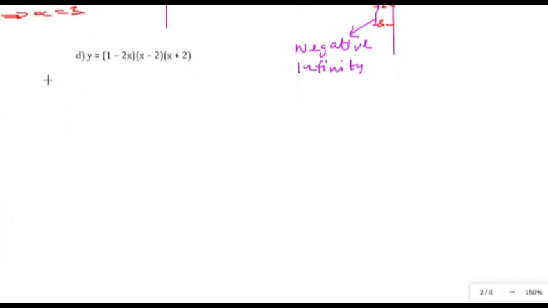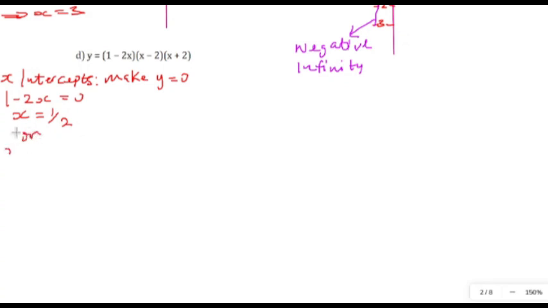Again, let's look at our intercepts. To find the x-intercepts, we make y equal to 0. In that case, I'm going to have 1 minus 2x equals 0, giving me x equals 1 over 2. Then we have x minus 2 equals 0.